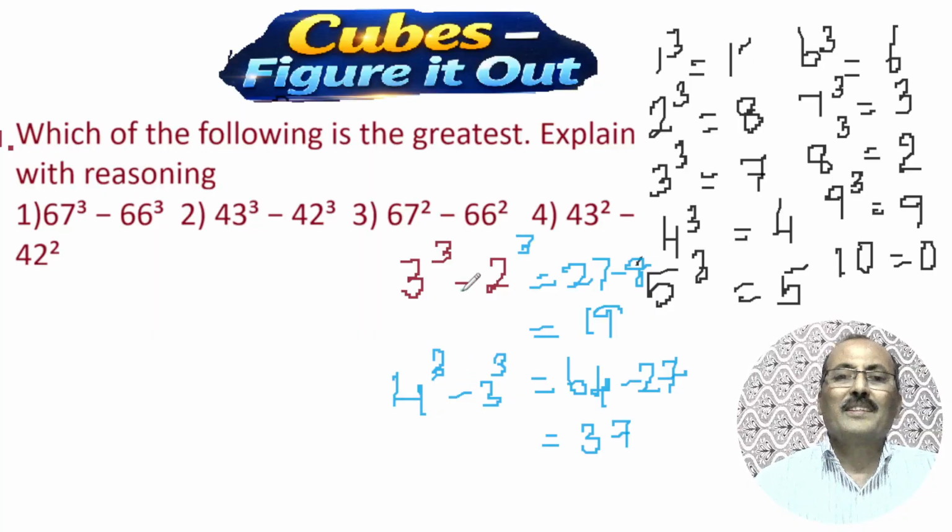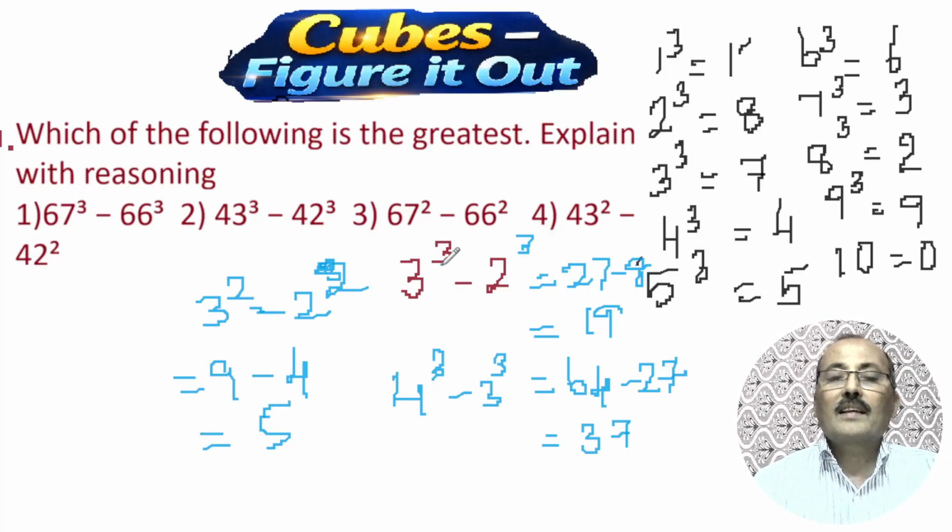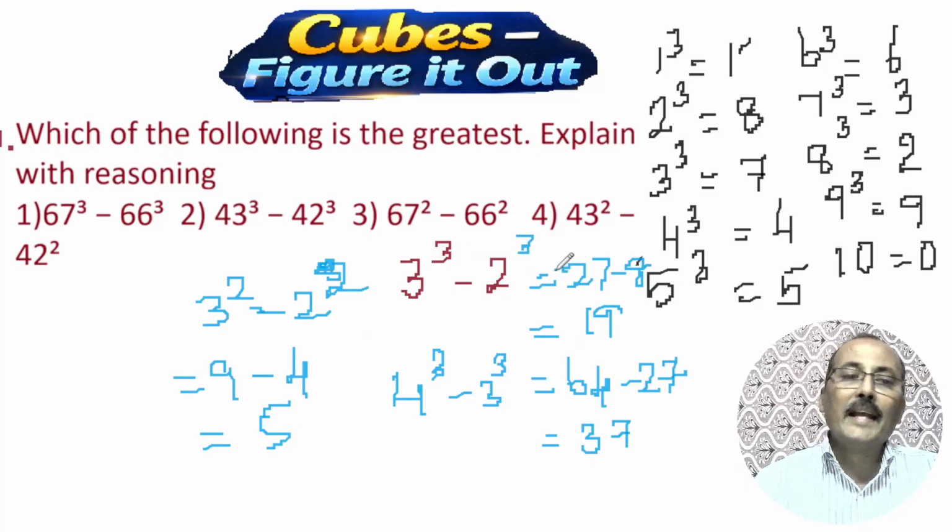If I take 3 square minus 2 square, we have to check whether it comes lesser or greater than this. 3 square is 9 minus 4, that is 5. Hence, it is smaller than 3 cube minus 2 cube. Hence, 67 cube minus 66 cube must be larger, and that means this one is smaller.